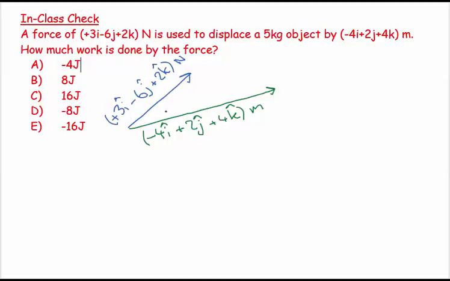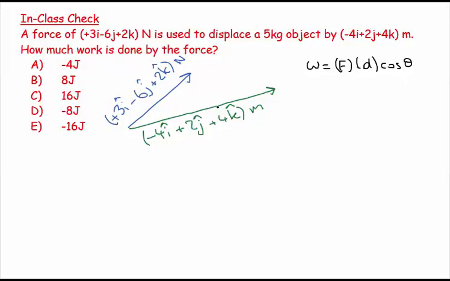And I want to find the work done when this force is displaced by that displacement. And so basically what I do is I say, well, work is equal to the force times the displacement times the cosine of the angle between.